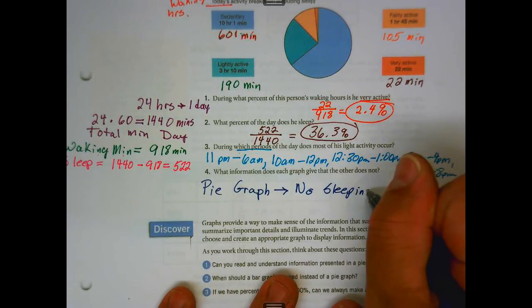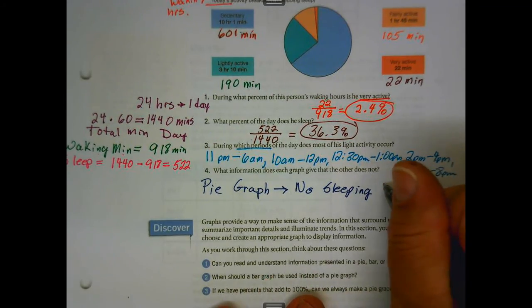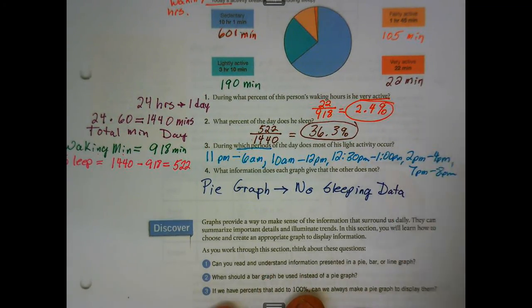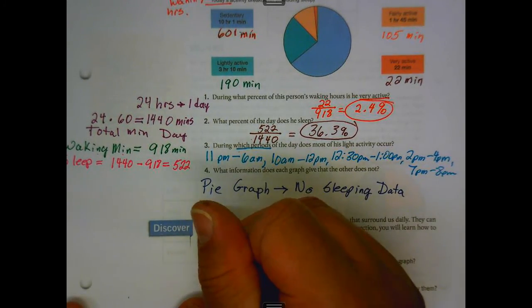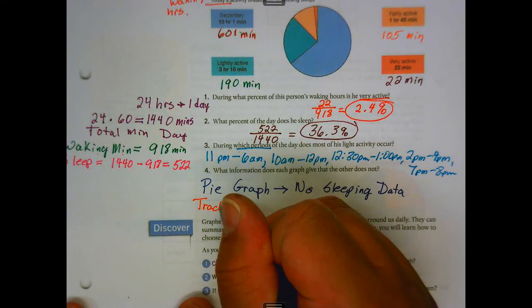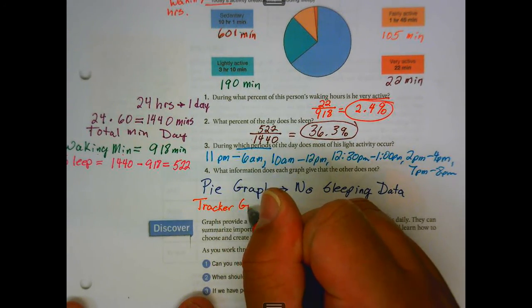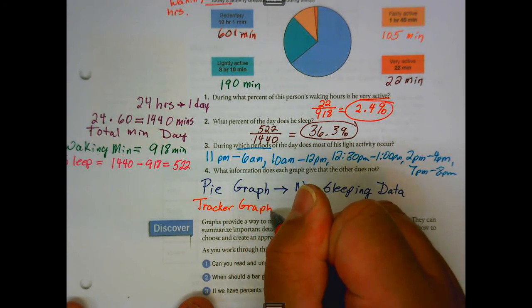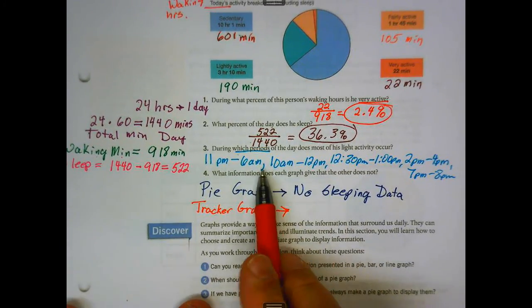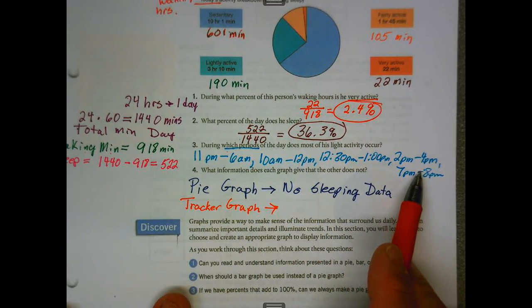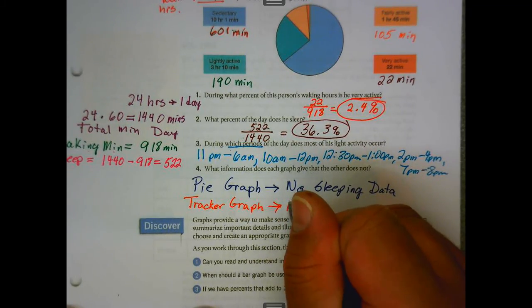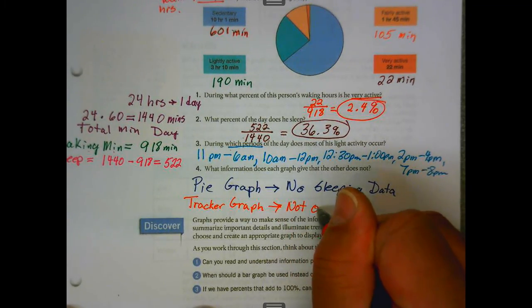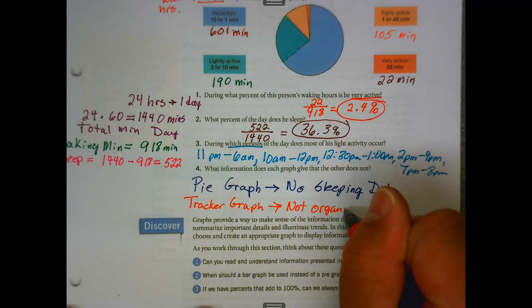And the other tracker graph, problem with that is it's not organized. Like the trouble we had when we had to get the periods here, it wasn't really organized into groups. Call it sections.